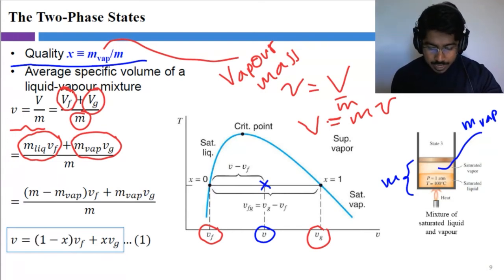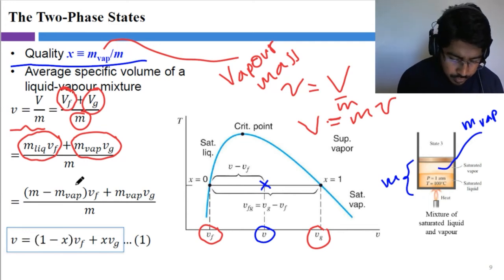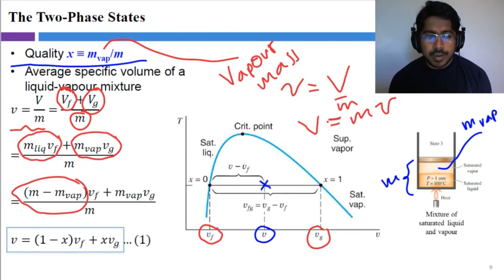Perfect. And now the liquid mass of the system can be written as total mass minus the vapor mass, right? We can do that, because this is only comprised of vapor and liquid. So if we subtract the vapor mass from the total mass, then we get the mass of the liquid, right?